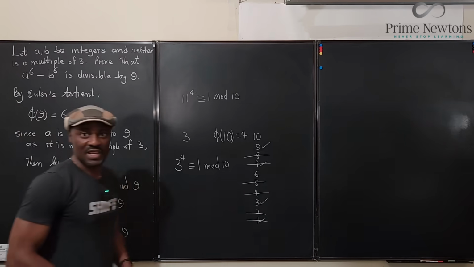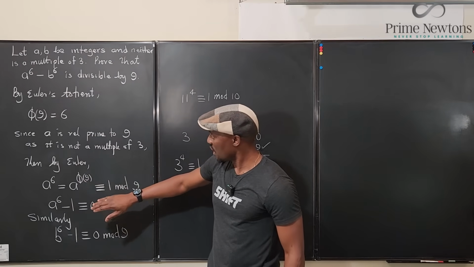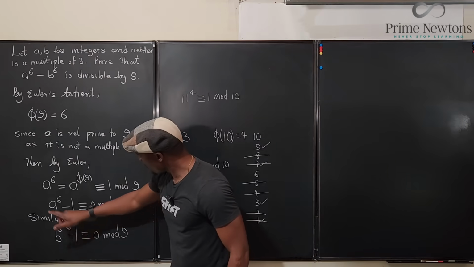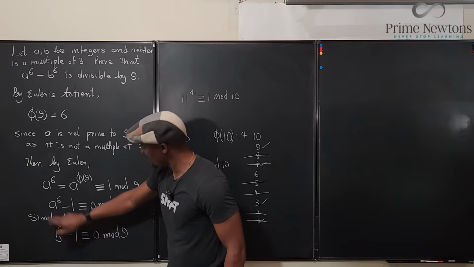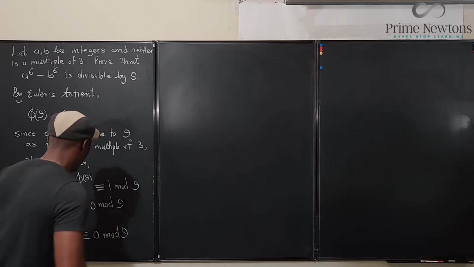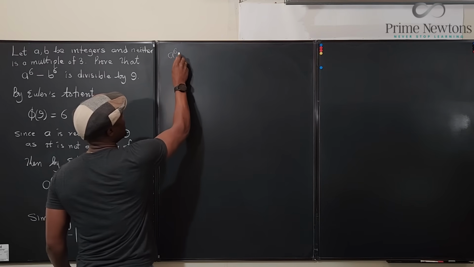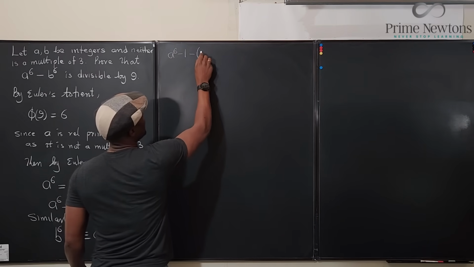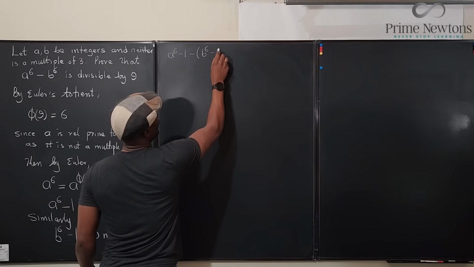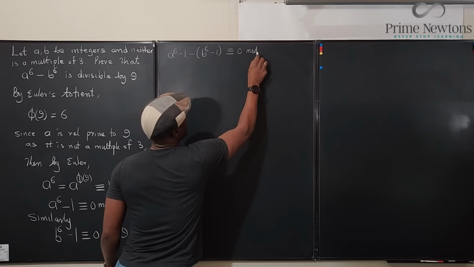Okay, so with these two facts established based on this Euler's totient function, why don't we subtract this from this, okay? And we're done. So if we subtract this from this, we say that A to the 6th minus 1 minus B to the 6th minus 1 is congruent to 0 mod 9.